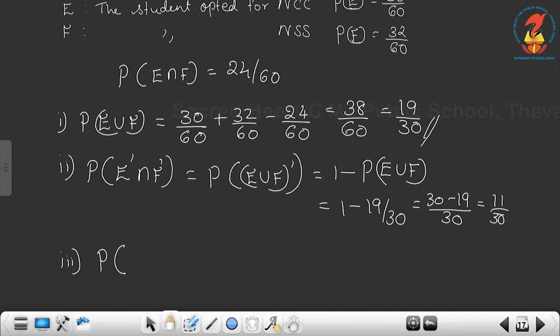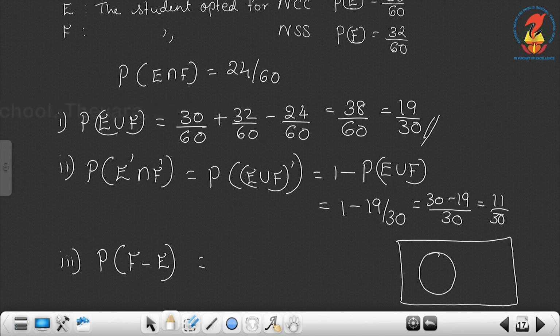NSS is F. NSS but not, so minus E. Okay, the but not symbol is minus. So, P of F minus E, how to find that? Venn diagram, E, F. F minus E means this shaded portion. Okay, that is F minus E. How to find that portion?